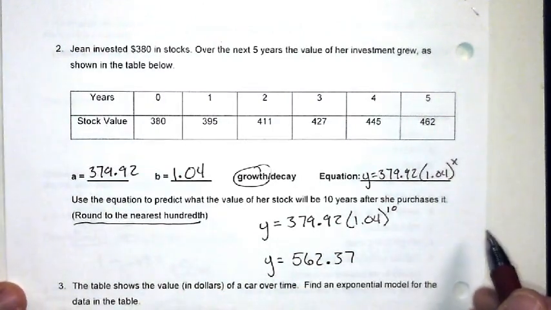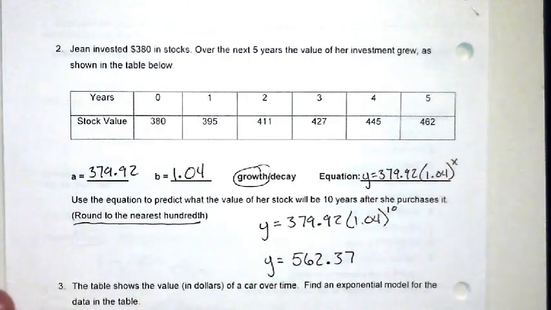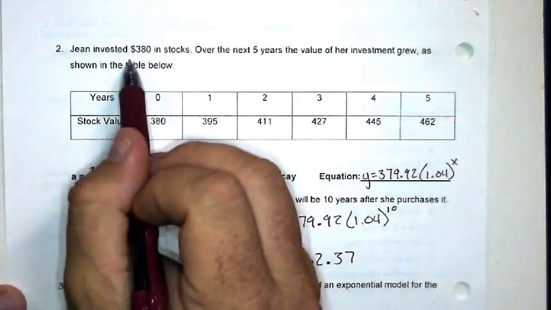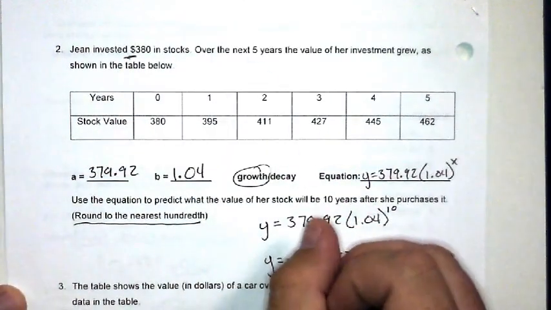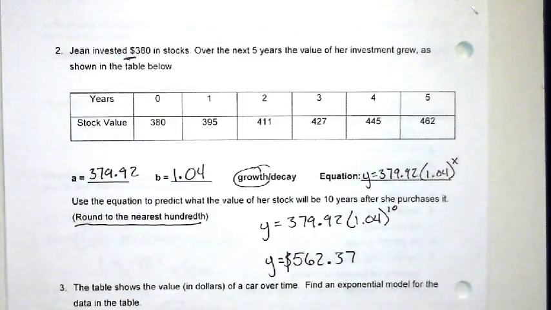It's in the problem at the top what the label should be. Money! Money, please! 562.37 monies. That's exponential regression. All right.